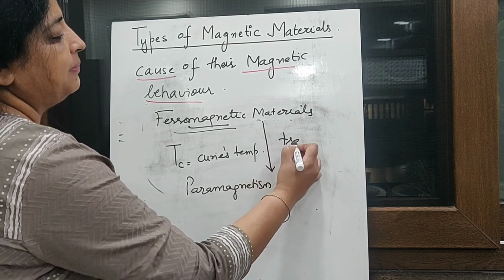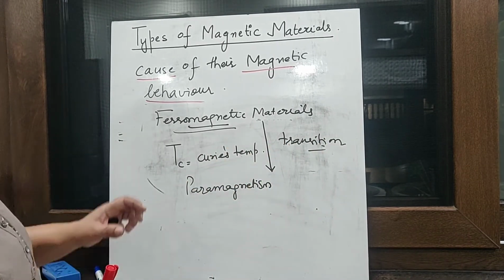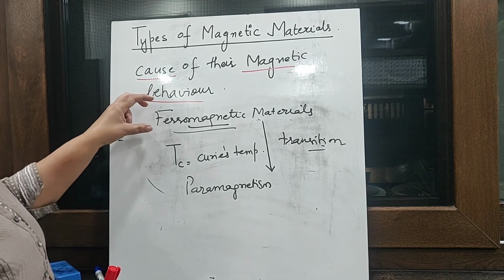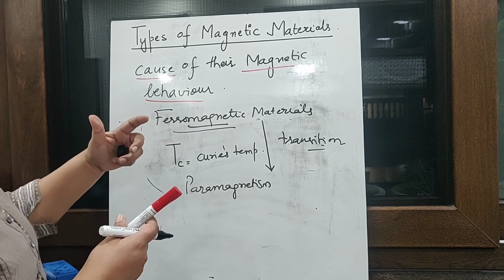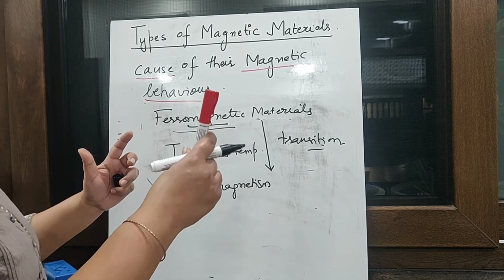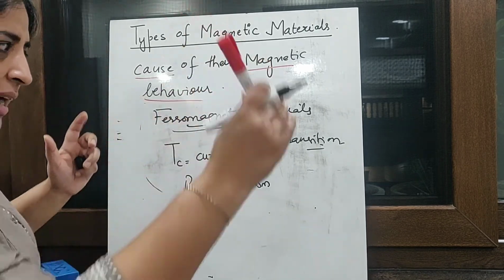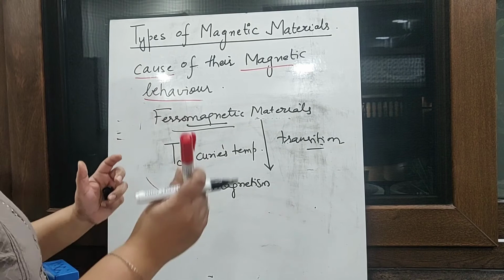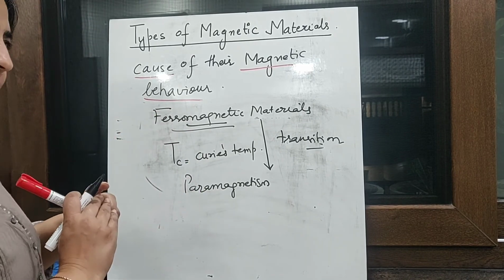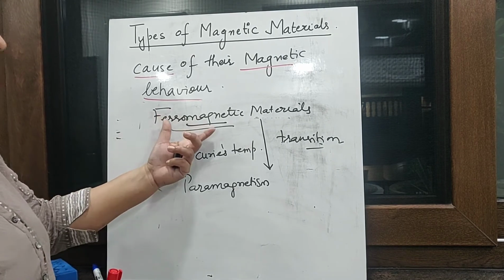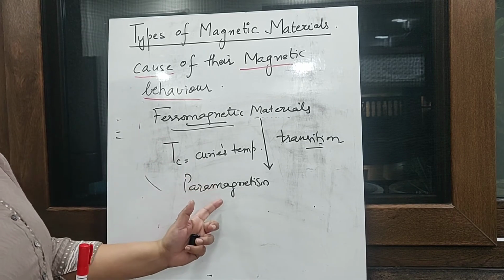So there is a transition, and you can very well understand the reason, that initially at a very low temperature all the magnetic moments are aligned in one direction. Then if you increase the temperature, then there will be some disruption in the atomic arrangement of the atoms in the sample, and because the atoms will start disorienting themselves, the domains will also start disrupting, and because there will be a disruption in the domains, slowly it will lead to paramagnetism.